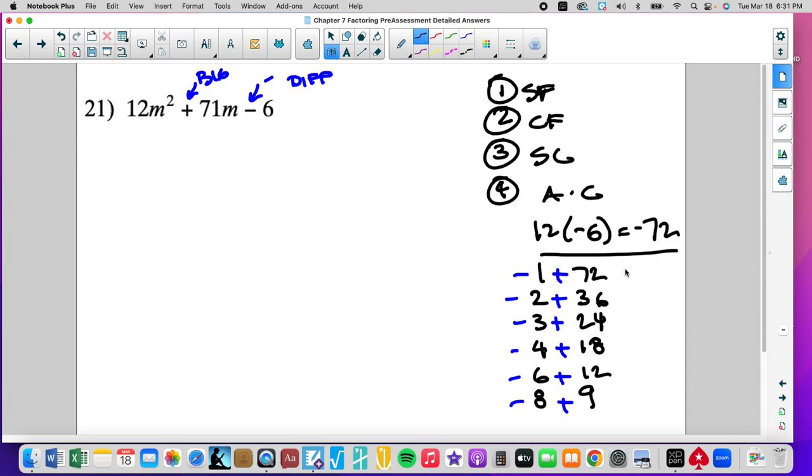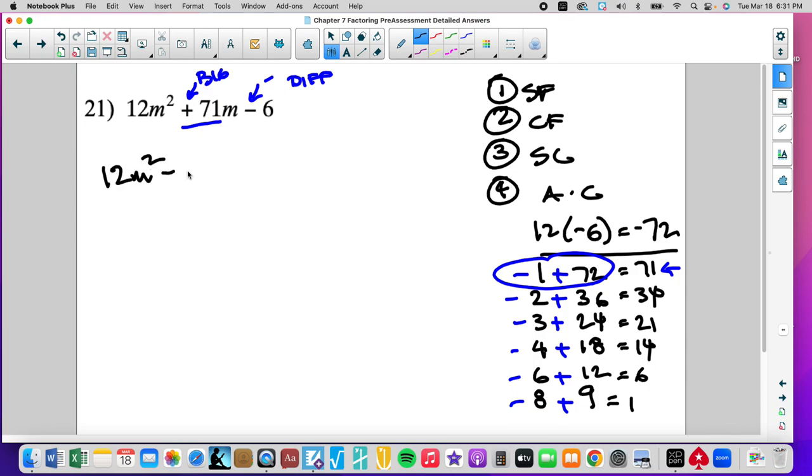71, 34, 21, 14, 6, 1. Which one's equal to my middle? 71. That's this one, that's the top one. So we got 12m squared minus 1m plus 72m minus 6.